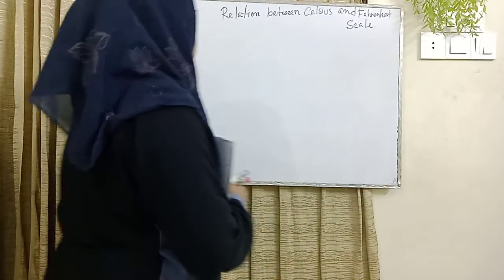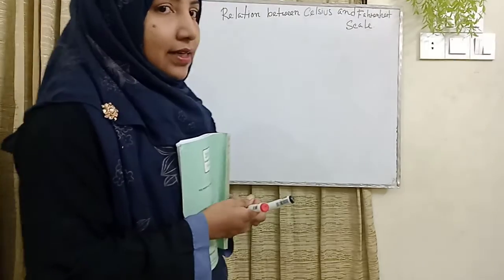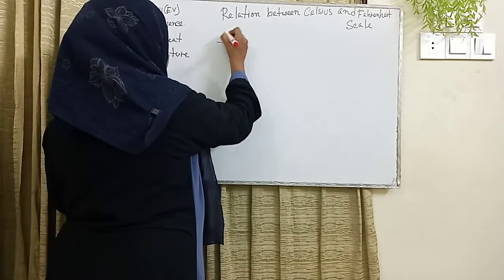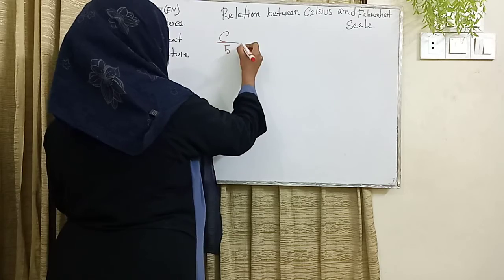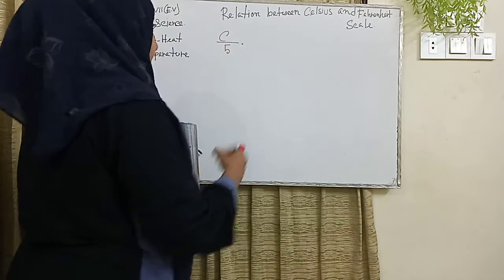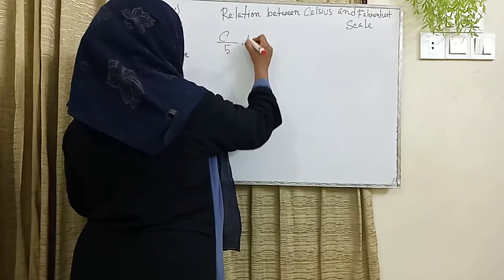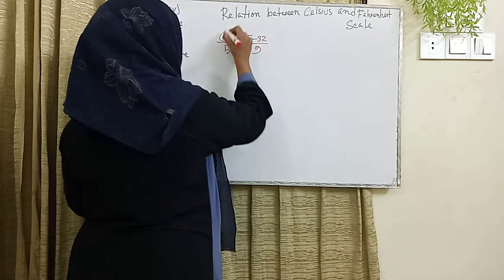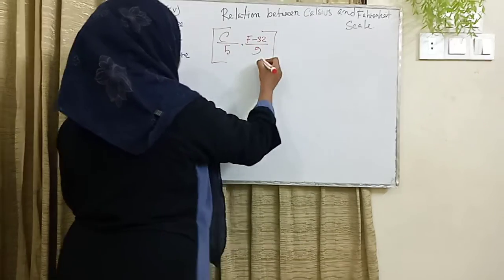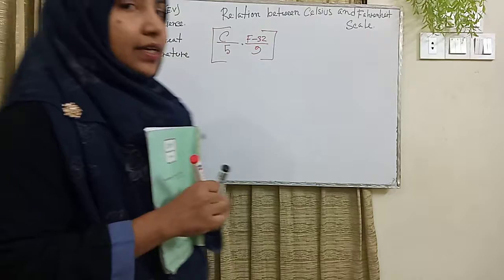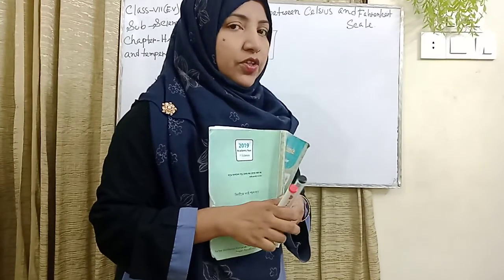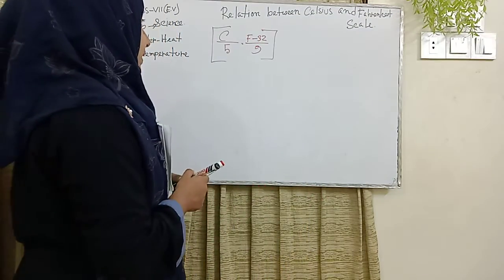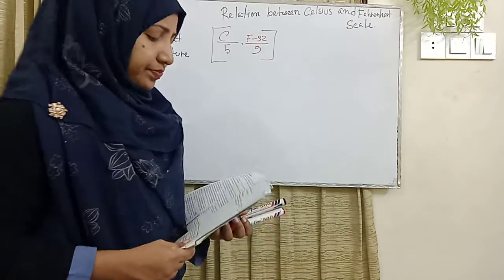Please everyone see very carefully. The equation is C divided by 5 equals F minus 32 divided by 9. Basically, this is the structure of the equation, and it gives the relation between the Celsius scale and the Fahrenheit scale.